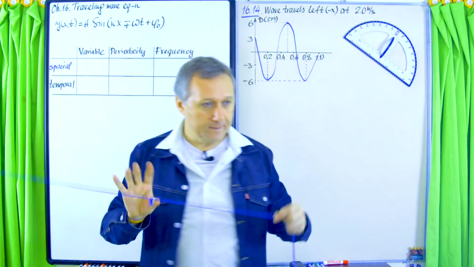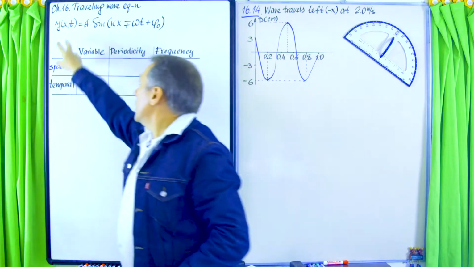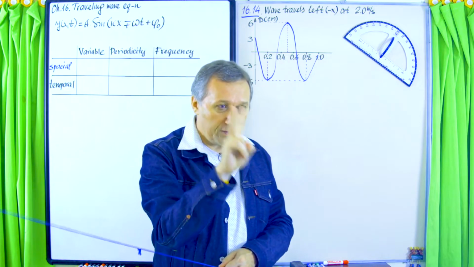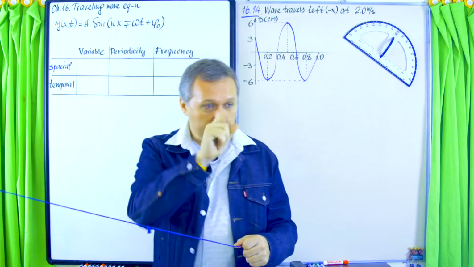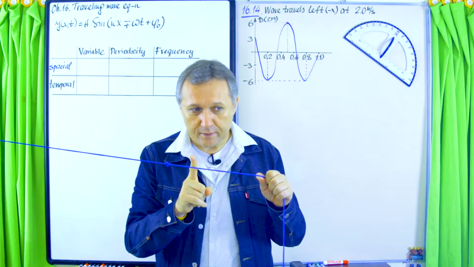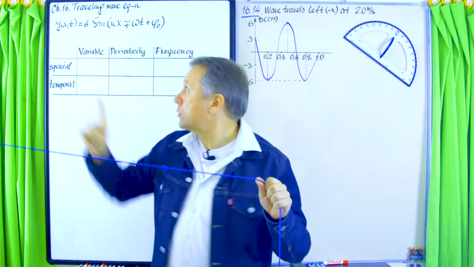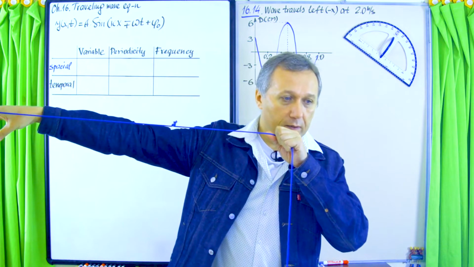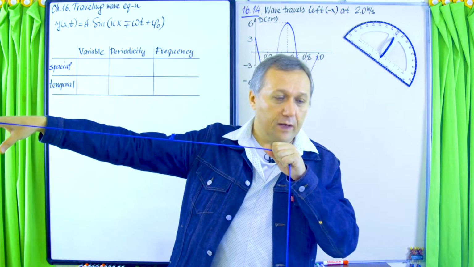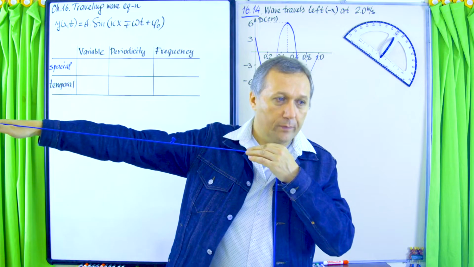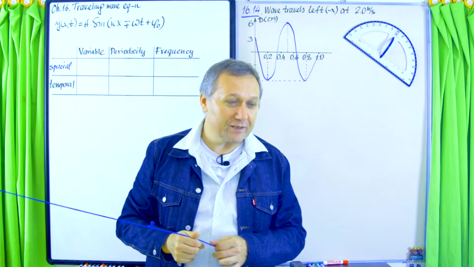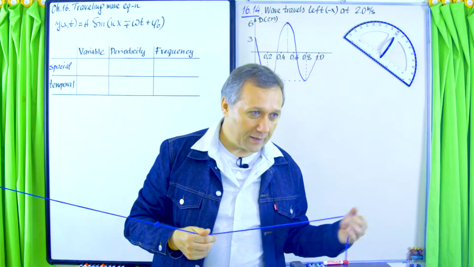Then this wave is a function of two variables, x and time. x tells us along which axis this wave propagates. In this case, x is along this chord. So if I align x along this chord, this x tells us that our wave propagates along the x-axis.